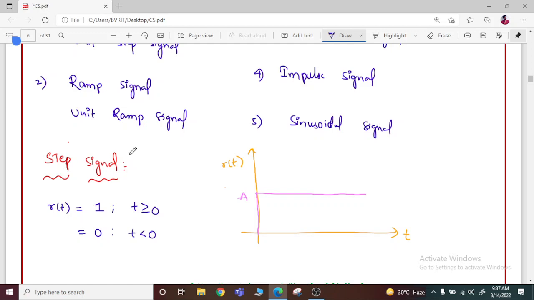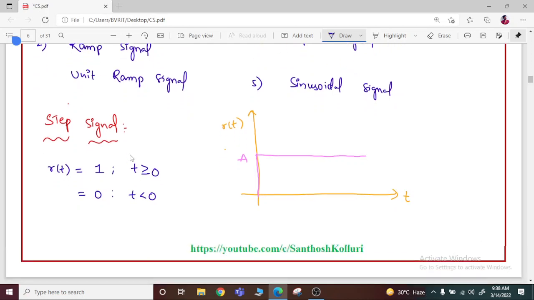So for unit step signal the value of A is equal to 1, or else for a normal step signal this will be A. Generally we will be representing in this section a unit step signal, so I am considering A as equal to 1. And similarly, ramp signal.